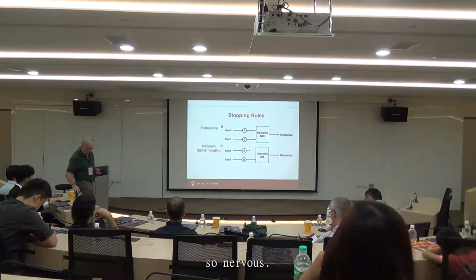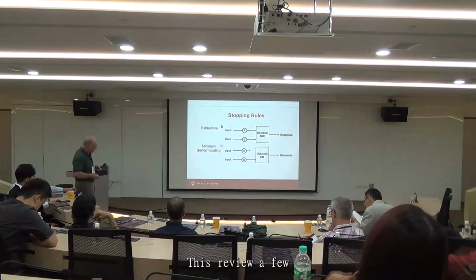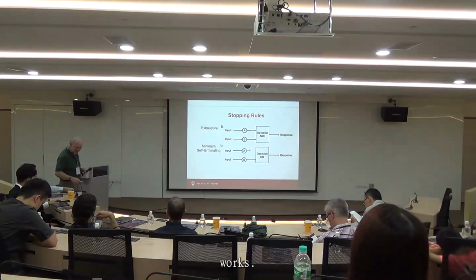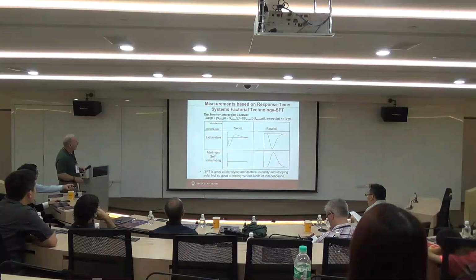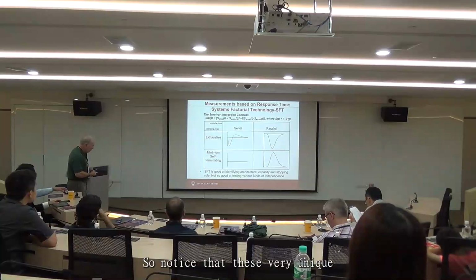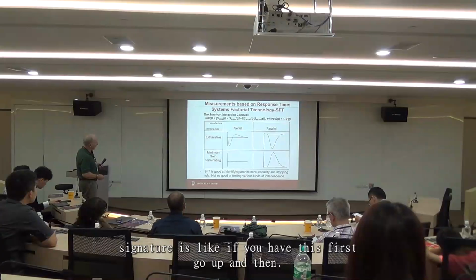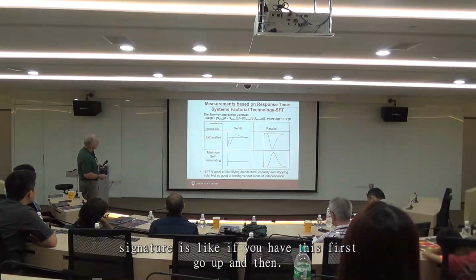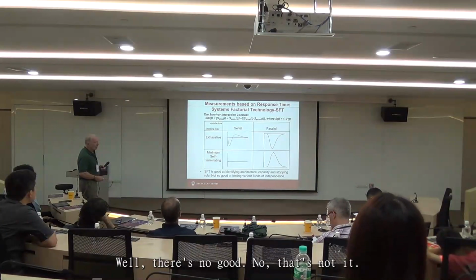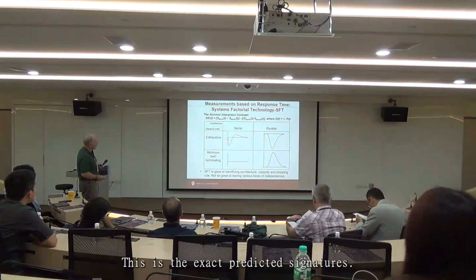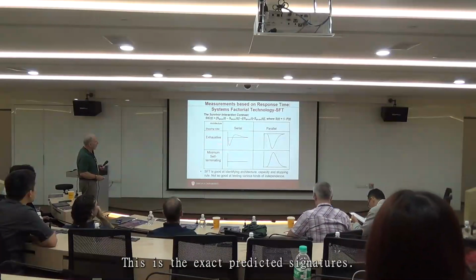So notice, and this is really the key thing, can you go back to the, yeah, thank you. So notice that these very unique signatures, like if you have this first go up and then down to negative, no, that's not it. This is the exact predicted signature.